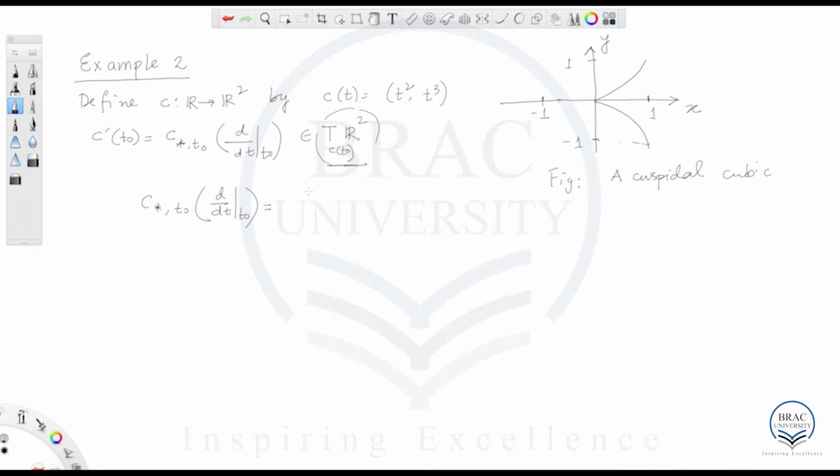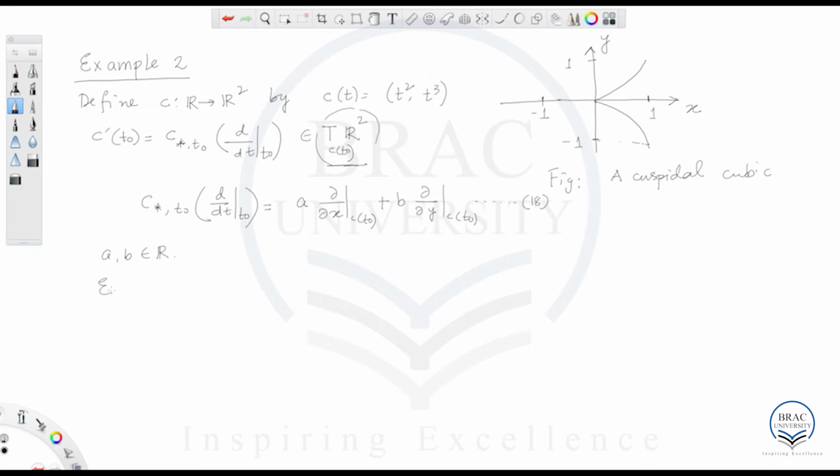So let me denote the coefficients of this linear combination with A and B. So this is equal to A times del by del x at C of t0 plus B times del by del y at C of t0. Here A and B are real numbers. Okay, let me denote this equation by 18.